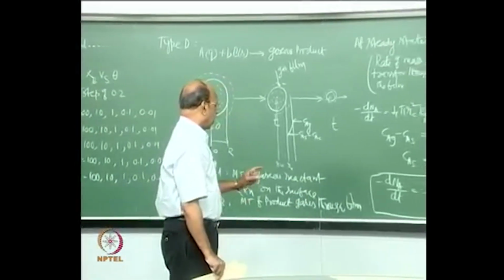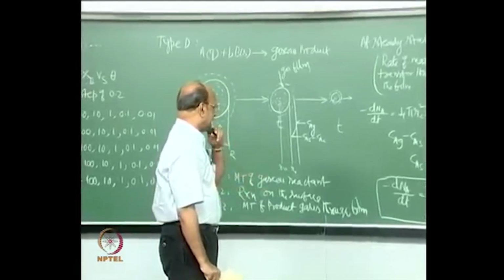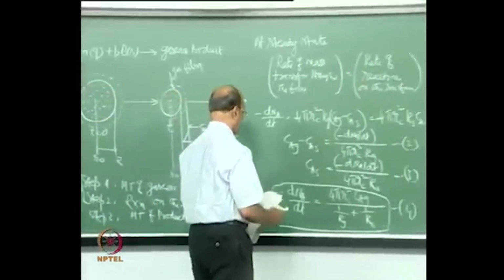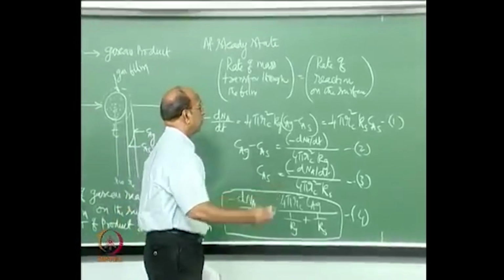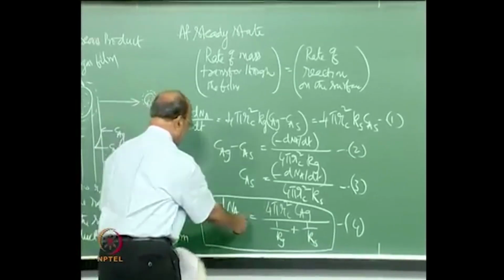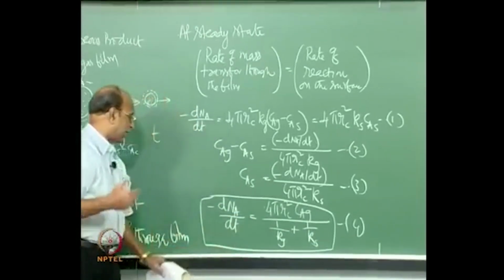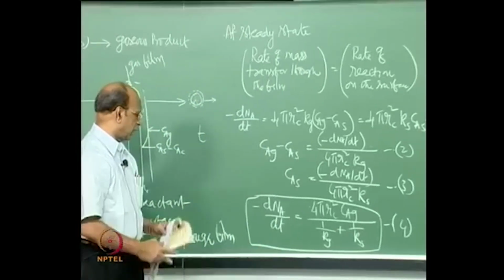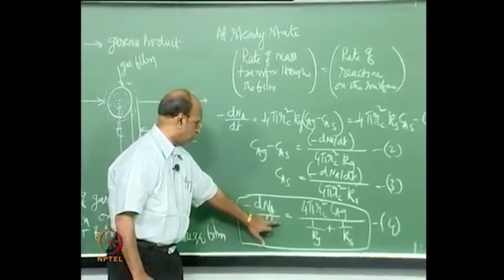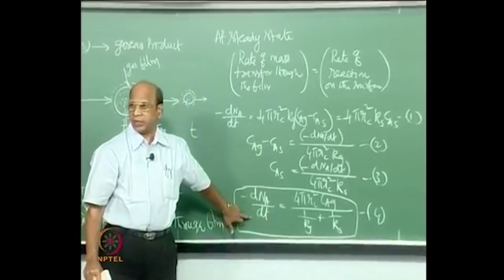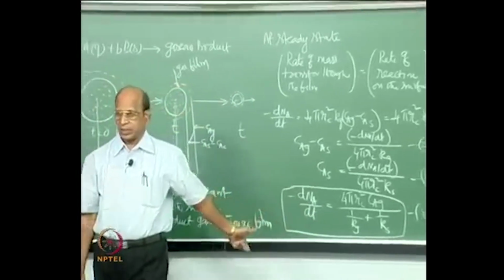Now there is a problem here, I cannot directly integrate. Our normal procedure is that this equation gives me how the rate of reaction is taking place with respect to gaseous A, it is dNA by dt.